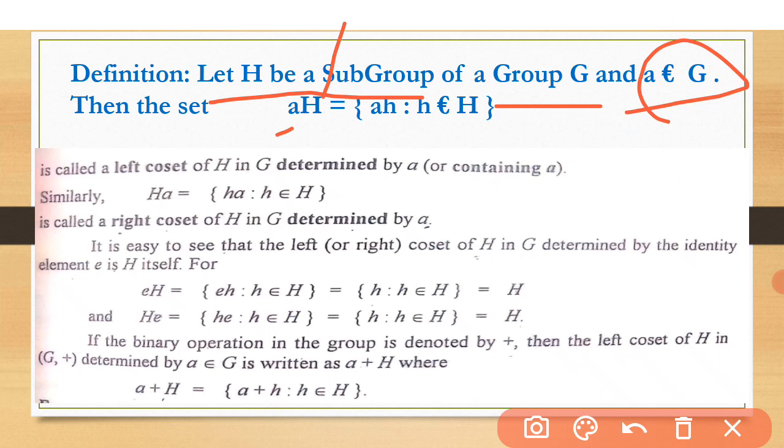If it belongs to G, that will be the coset.